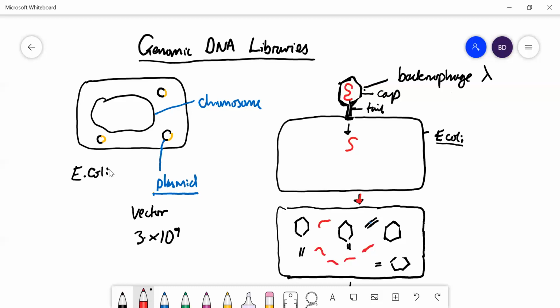That inserts into the E. coli chromosome, and it shuts down the normal functions of the cell. Instead, it takes over the cell apparatus, making lots and lots of copies of this cap protein and of the tail protein, and lots of copies of the genome.